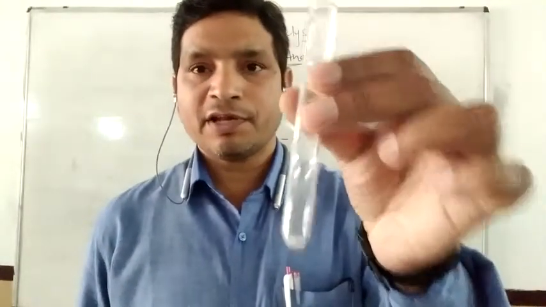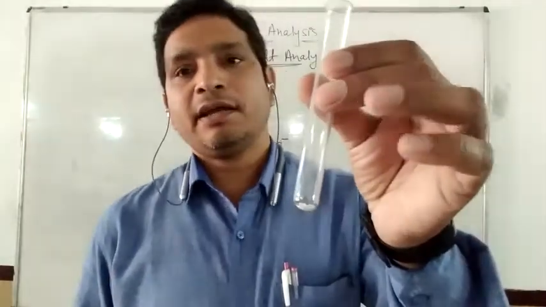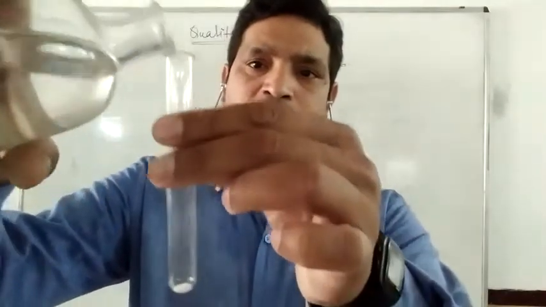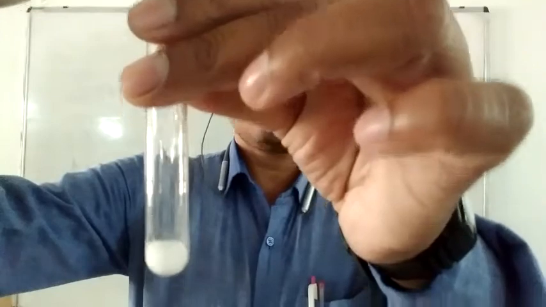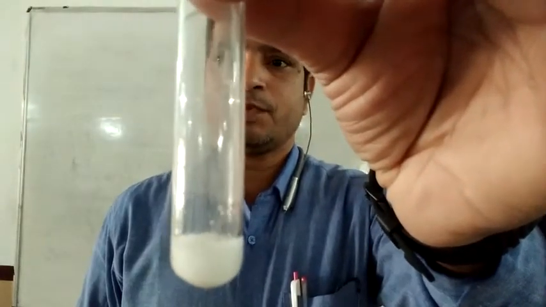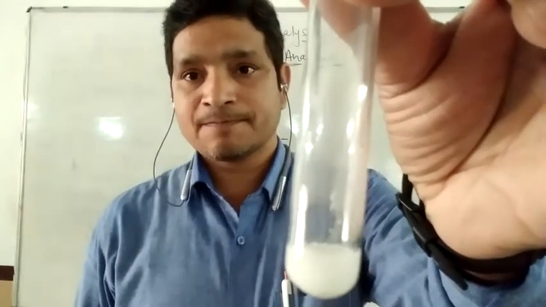Let's observe here. Whenever you add dilute sulfuric acid to the salt, what is the observation? Just look, you will find a brisk effervescence produced here. Brisk effervescence, there is the evolution of gas, rapid evolution of gas.